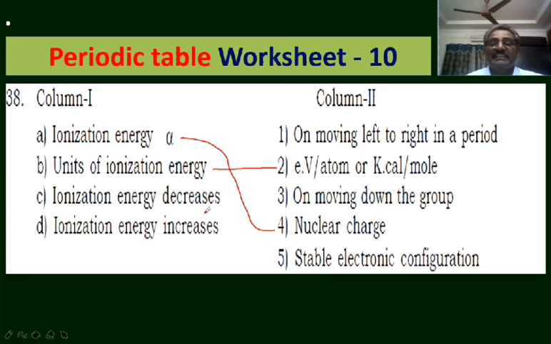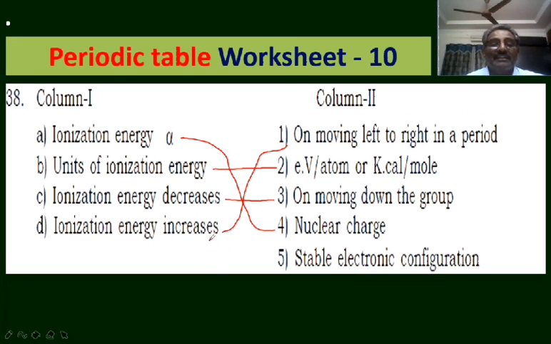Ionization energy decreases on moving down the group. When we move from top to bottom, as the size of the atom increases, ionization energy decreases. Ionization energy increases on moving left to right in a period in general. Ionization energy increases with stable electronic configuration also.